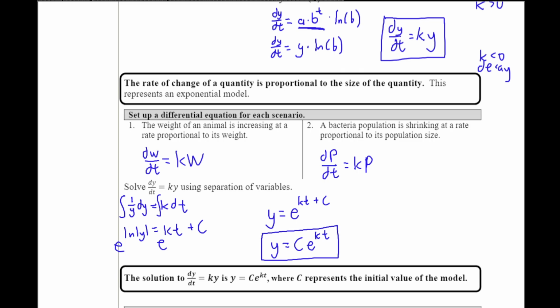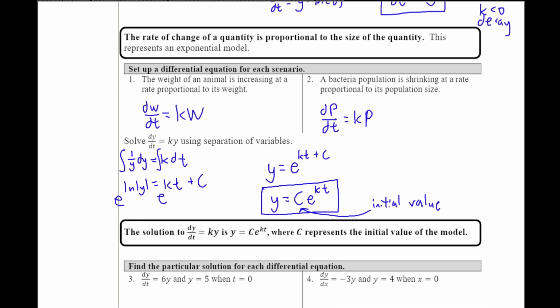In this case, c is your initial value. So this is how we get the solution to dy/dt equals ky, which is ce to the kt, where c represents the initial value of the model.